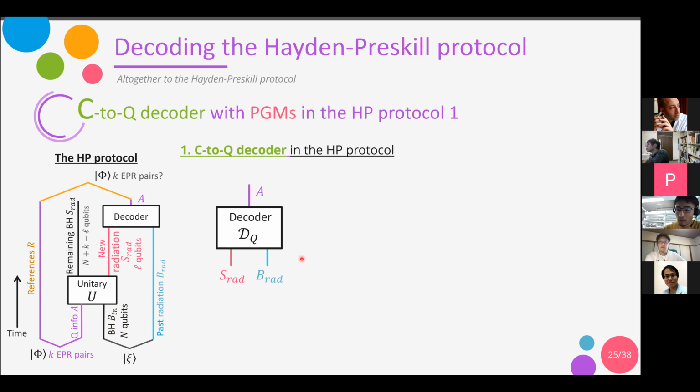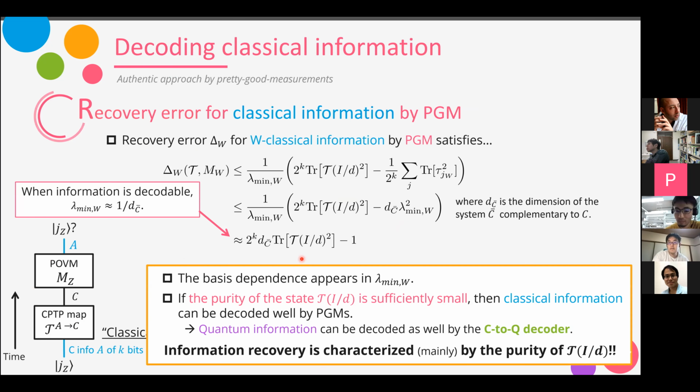Can I ask you a question? Yes, please. On this slide, what is your definition of decodable? Oh, that's a good question. This is just speculation, so there's no definition of decodable. But I would say that if the error can be small. Well, this is not very logical.